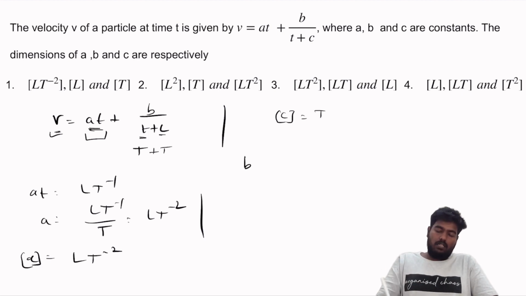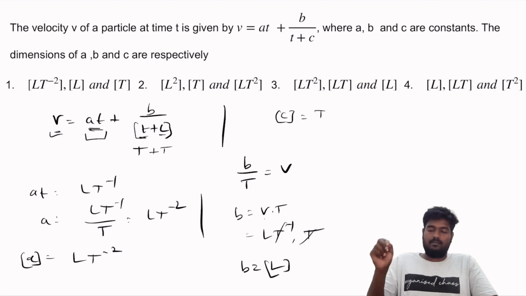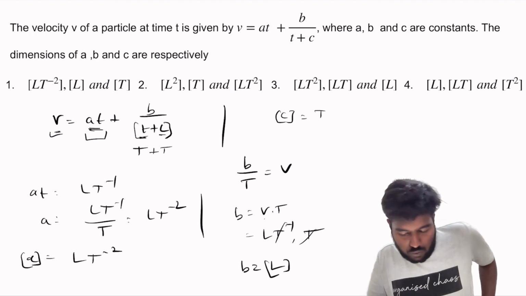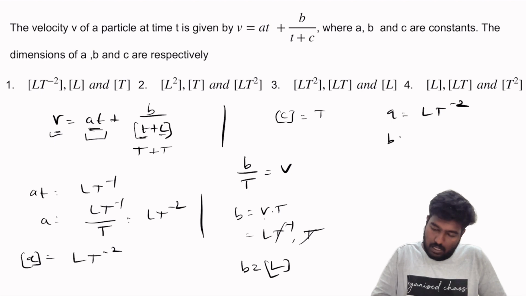We know that the denominator has dimension T. So b by t is v, so b will be v into t. V is L T^-1, t is T, so you will get only L. So b has the dimension of length. So a is L T^-2, b is L, c is T. I think option 1 is the right answer.